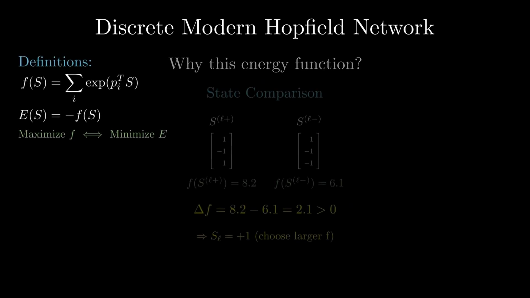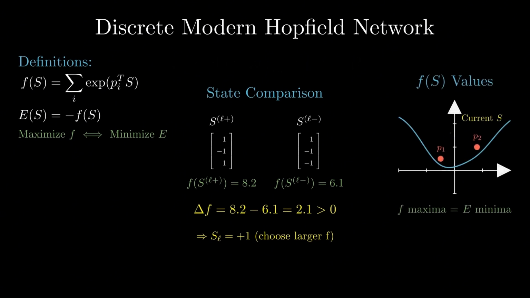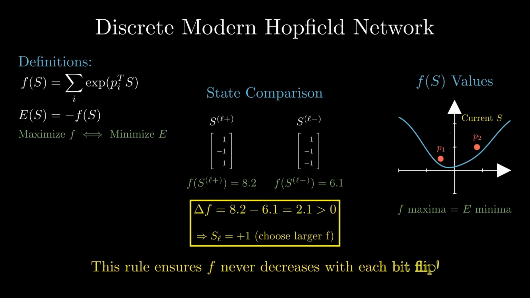We can see on the screen F(x) is equal to minus the energy function, which means minimizing E is maximizing F. We then set S_l to the direction of F. This rule ensures F never decreases with each bit flipped. Consequently, only the stored patterns where F is maximal or E minimal remain as stable attractors.